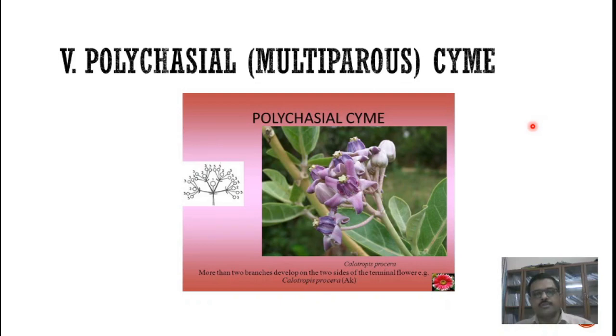In racemose inflorescence we find acropetal succession, but in cymose inflorescence we find basipetal succession. In racemose inflorescence there is centripetal succession, and in cymose inflorescence there is centrifugal succession.